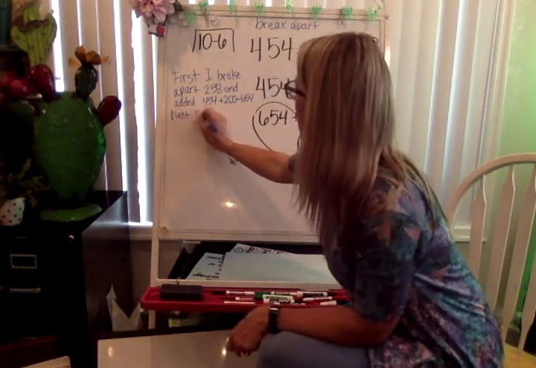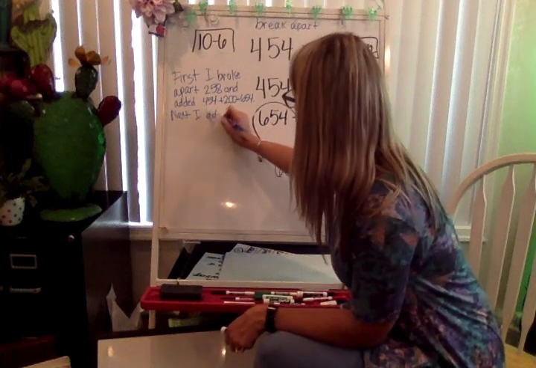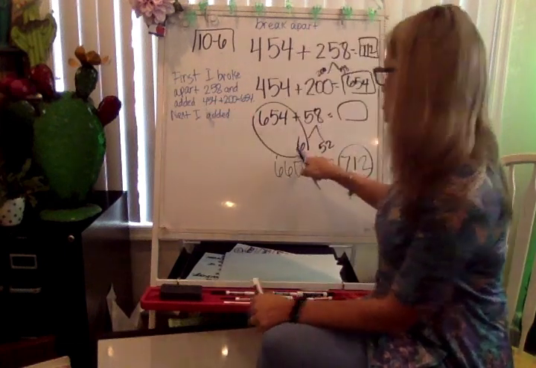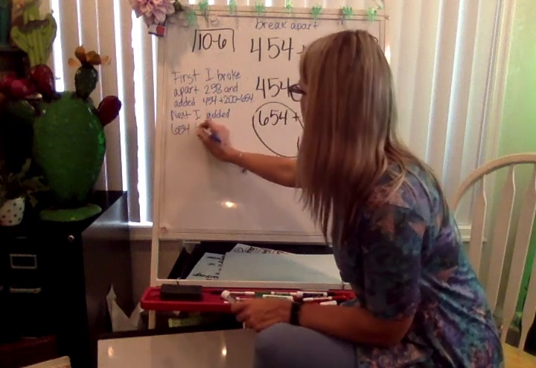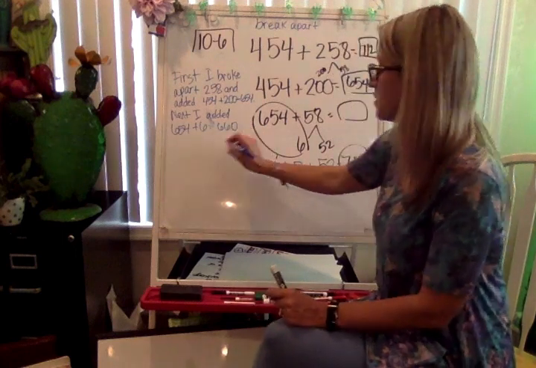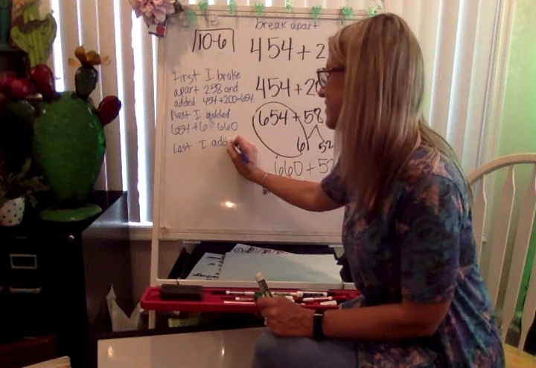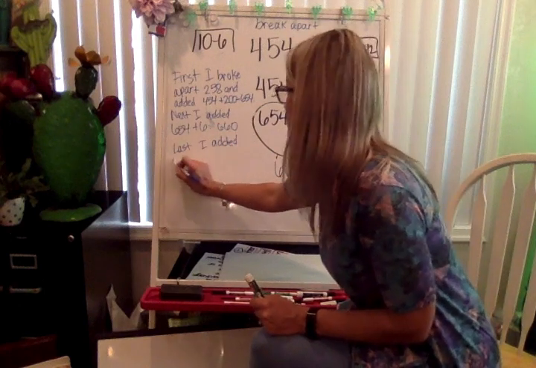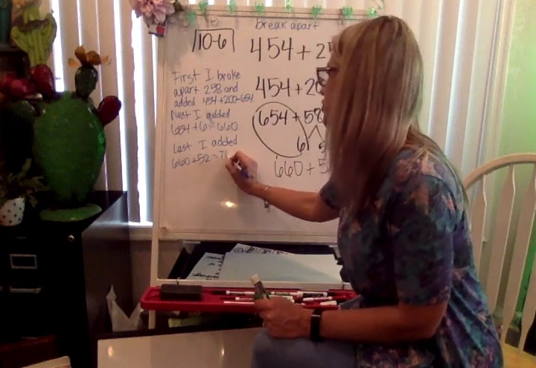Next, I added, this is what I did next, 654 plus 6 equals 660. Last, I added 660 plus 52 equals 712.